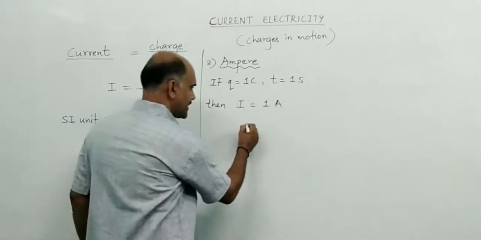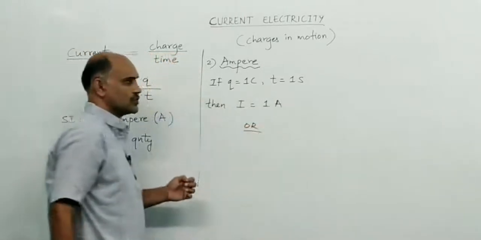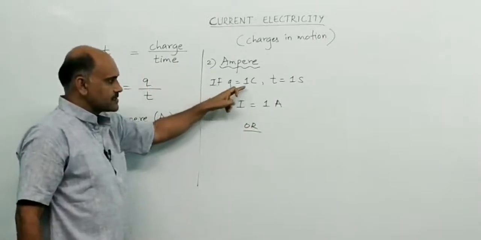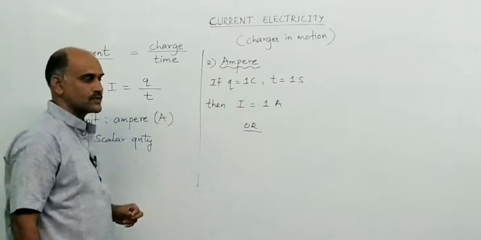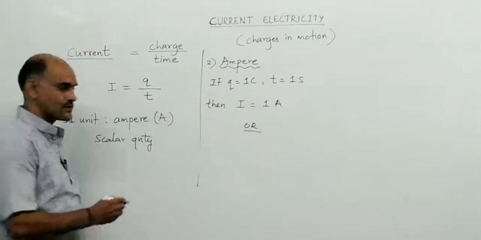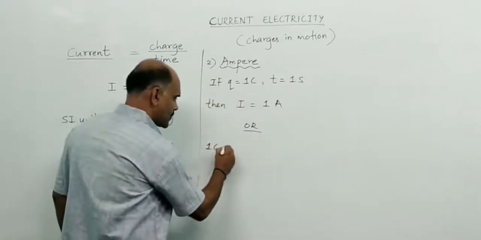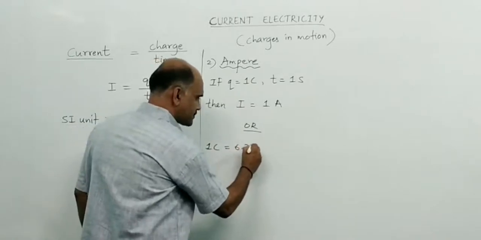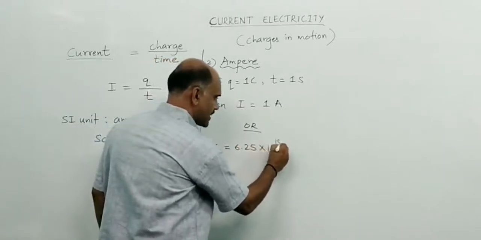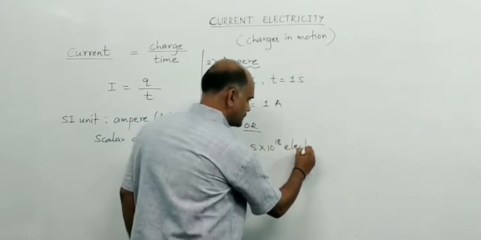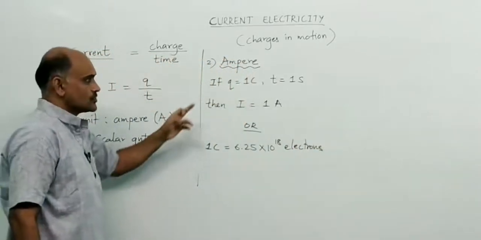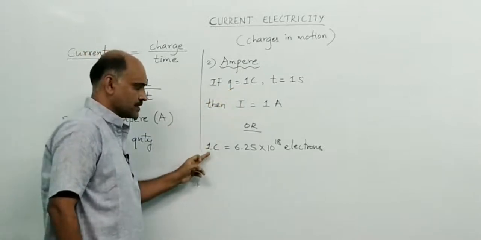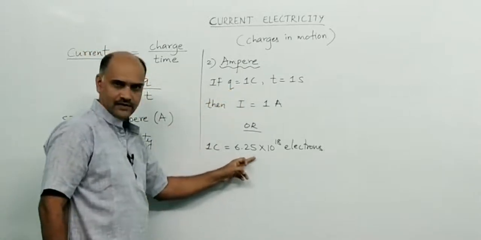Or you can define it in this form. In electrostatics you have studied that 1 coulomb is equal to 6.25 into 10 raised to 18 electrons. So instead of 1 coulomb, you can say it in terms of electrons.